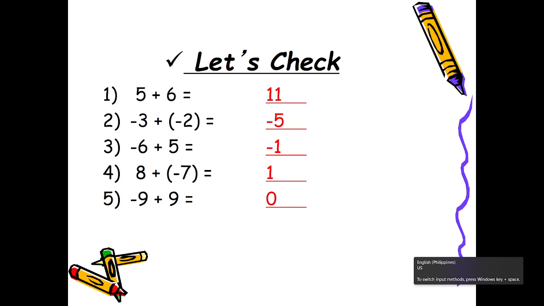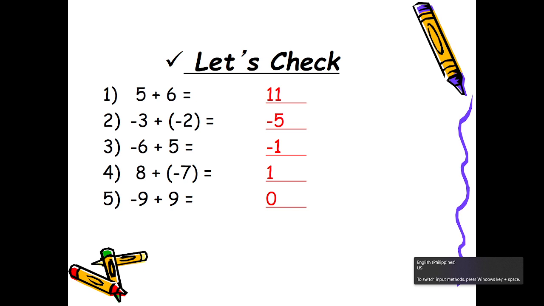Number 4, we have positive 8 plus negative 7. We need to subtract because these two have different signs. 8 minus 7 is positive 1, and since 8 is farther from 0 than negative 7, and 8 is positive, our final answer is positive 1.